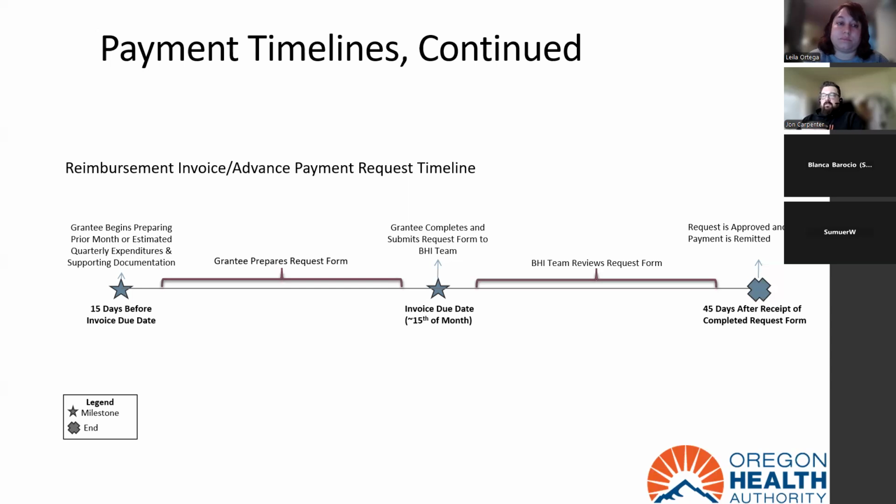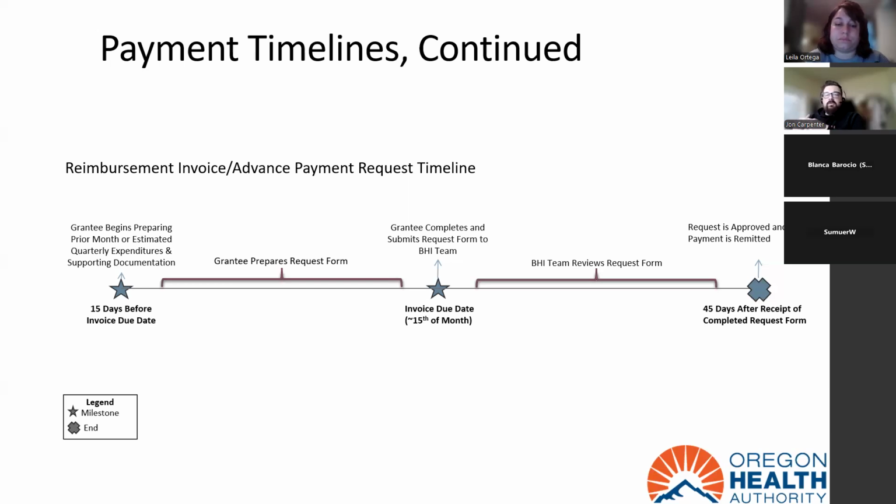Our team will begin review. That whole process of reviewing and getting it to the Office of Fiscal Services for payment is what will take up that remaining 30 days. So 45 days after receipt of that completed request, it'll be approved. Payment will be remitted from the Office of Fiscal Services. And just for a bit of context, there are 3 levels of review.